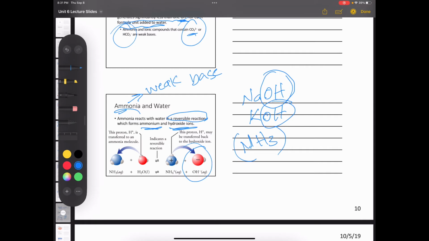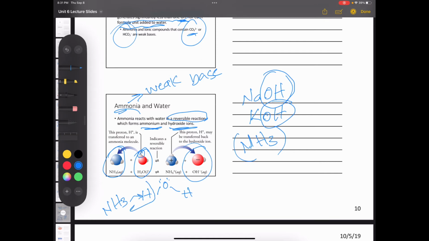So what in fact happens when you add ammonia to water, as you see here, is that the ammonia will grab the proton of the water molecule. Remember the water molecule looks like this, H, O, H, and we have two non-bonding pairs of electrons. So what the ammonia does is it basically grabs this proton.